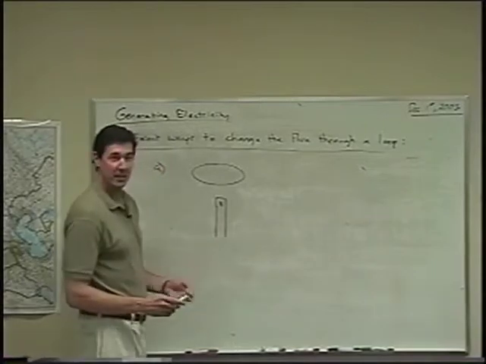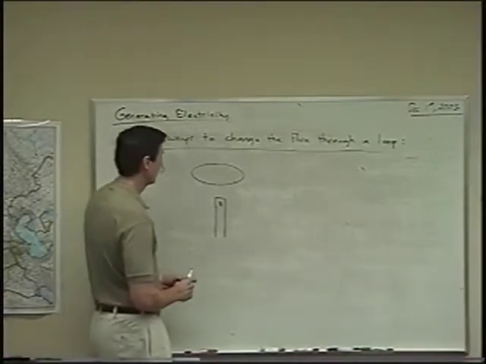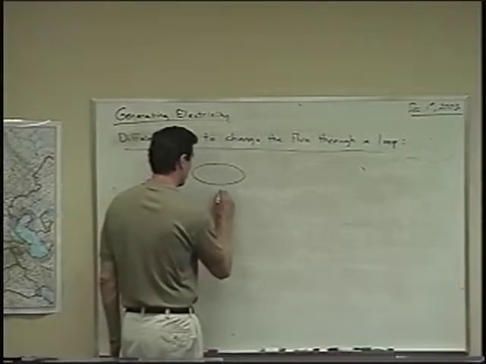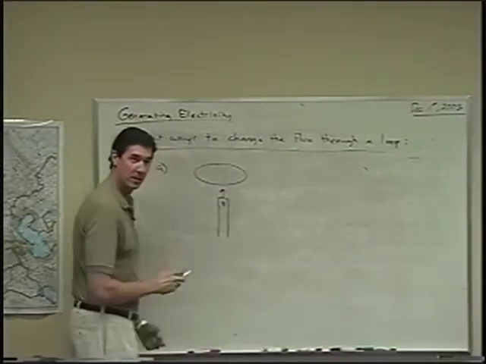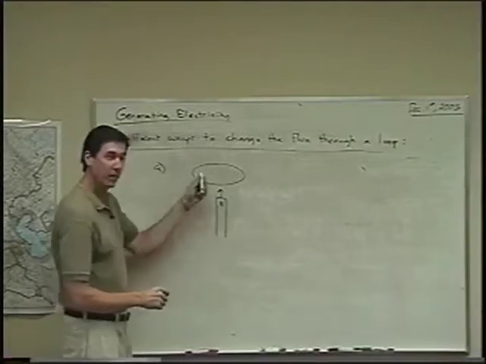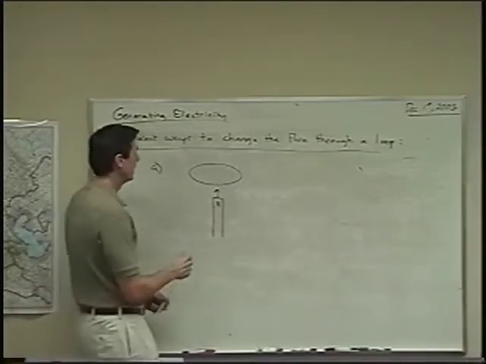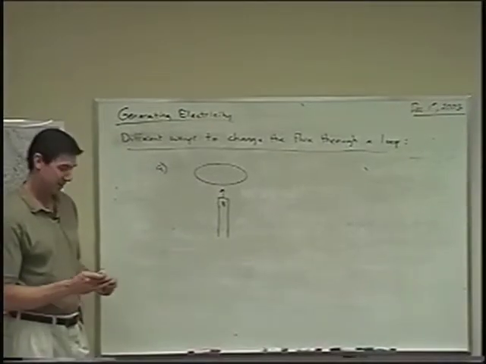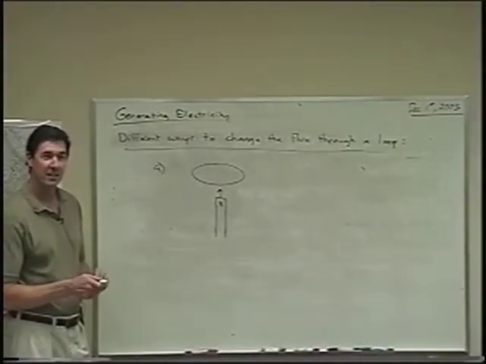Yeah, move the magnet. That's certainly one thing you could do. Let's say we move the magnet up toward the loop. What current is going to be generated?